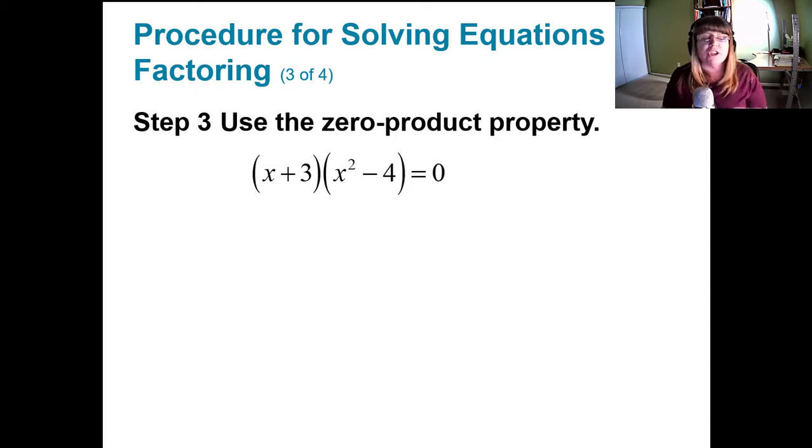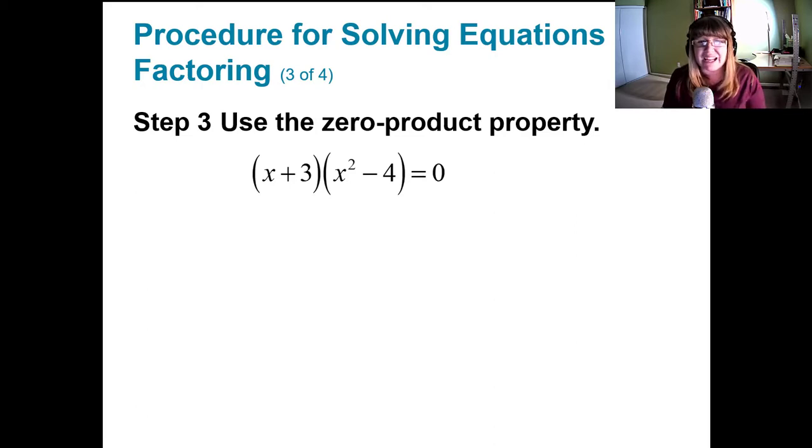Step 3, we're going to use the zero factor property. Now, yes, you can factor a little bit further if you want. If you see that x squared minus 4 as something factorable, go for it. If you don't want to factor it, we do have that square root property to be able to solve after we break it up using the zero factor property. And that's what I'm going to do.